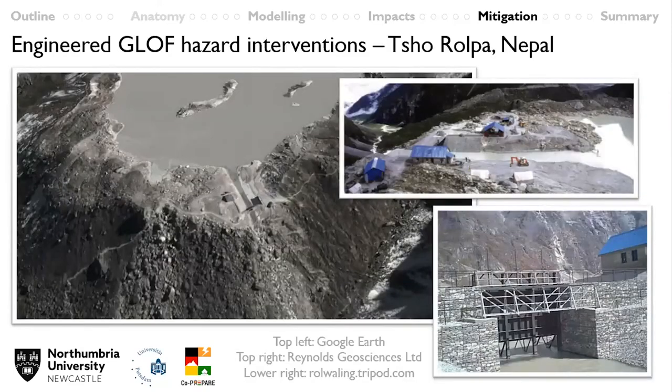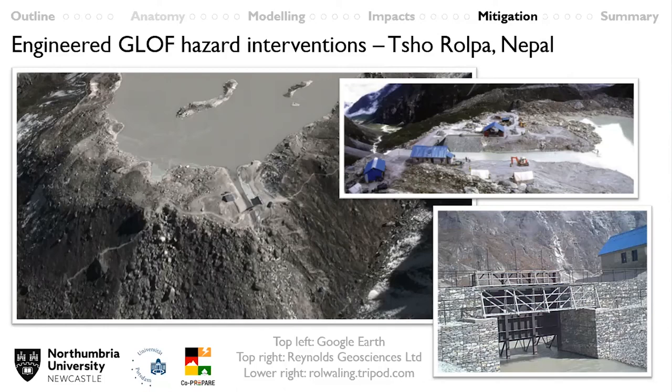Some of the most extreme responses to try and reduce GLOF hazard come in the form of large-scale engineering projects. This is an example from Chorolpa in Nepal. This is the largest, if not the second largest, lake in the Nepal Himalaya.